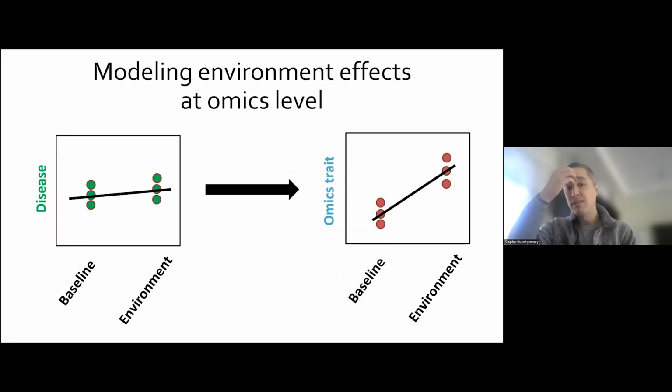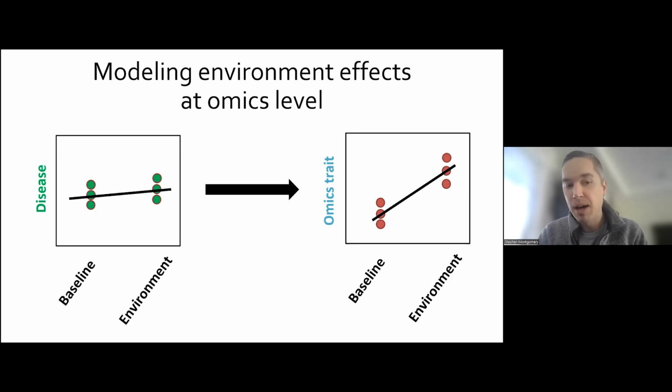So one of the benefits to thinking about these types of model systems, and particularly exploring different omics level phenotypes, is there's the opportunity to actually increase our ability to measure different effects, to reduce experimental confounders that might exist in the natural population.